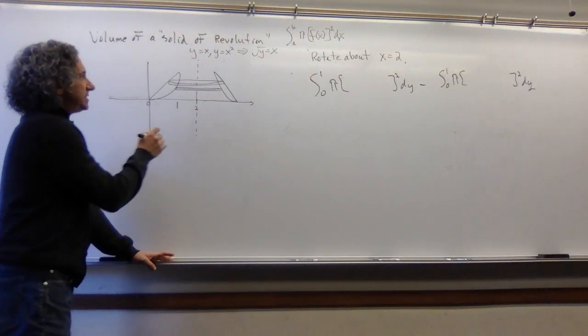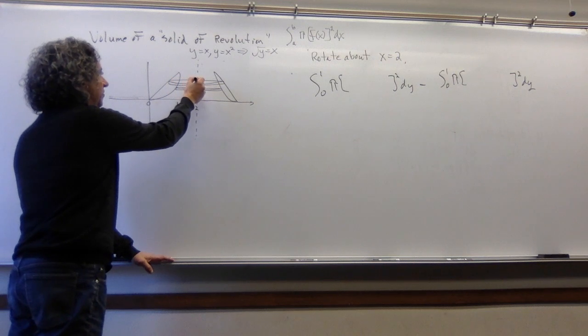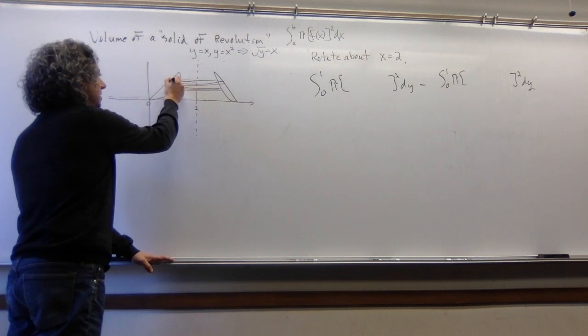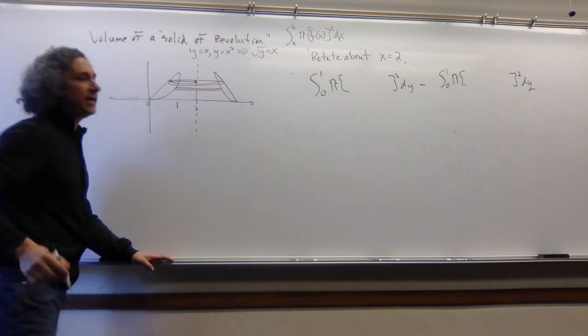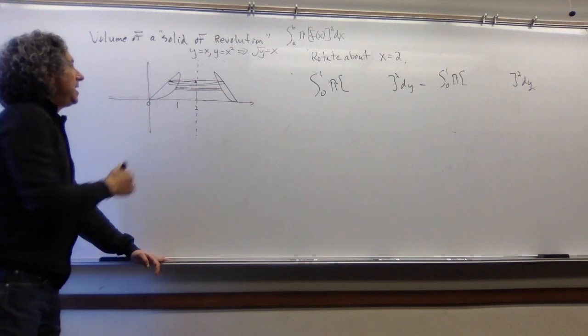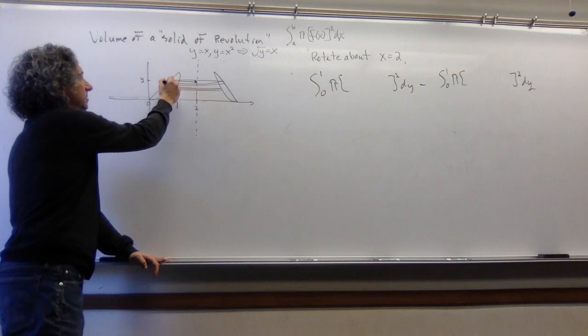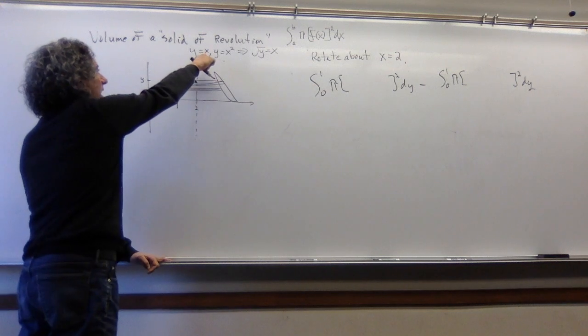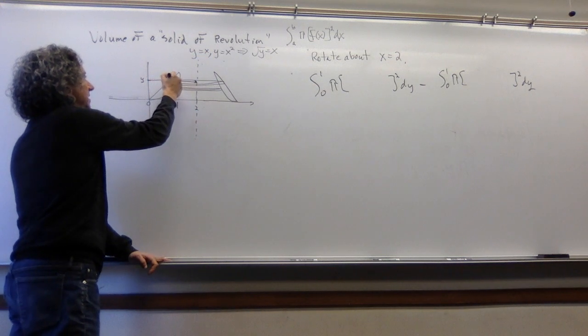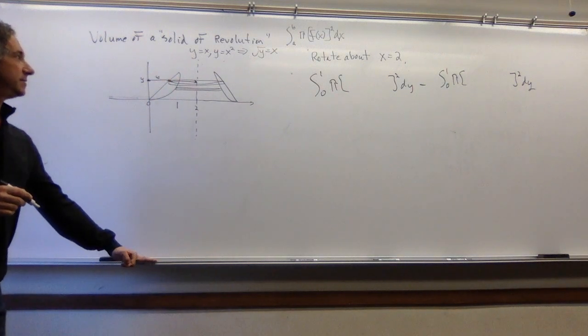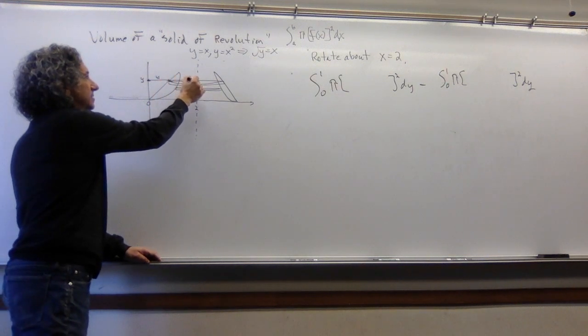Okay, so let's see. I need to find this distance because that is the radius of the cylinder. For a given y, I need this distance. Now, since y equals x, I know that this distance is just y. I want this distance.